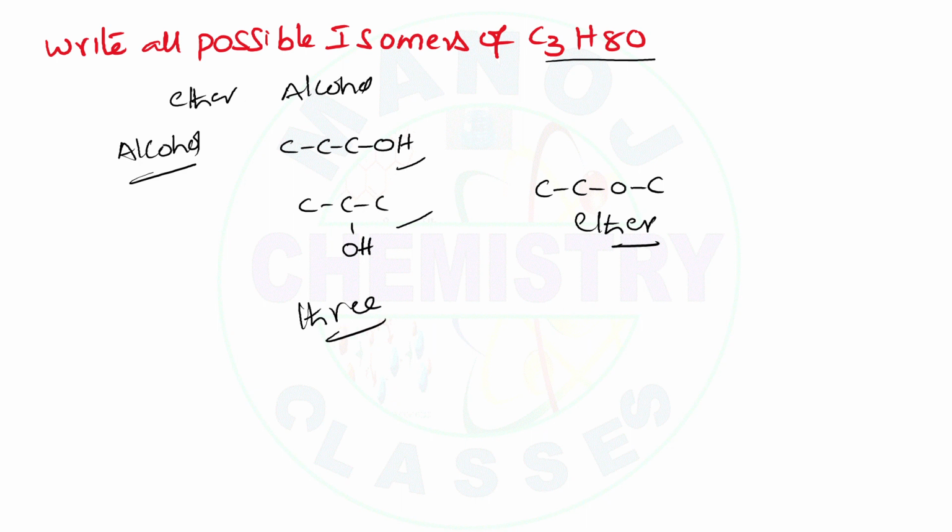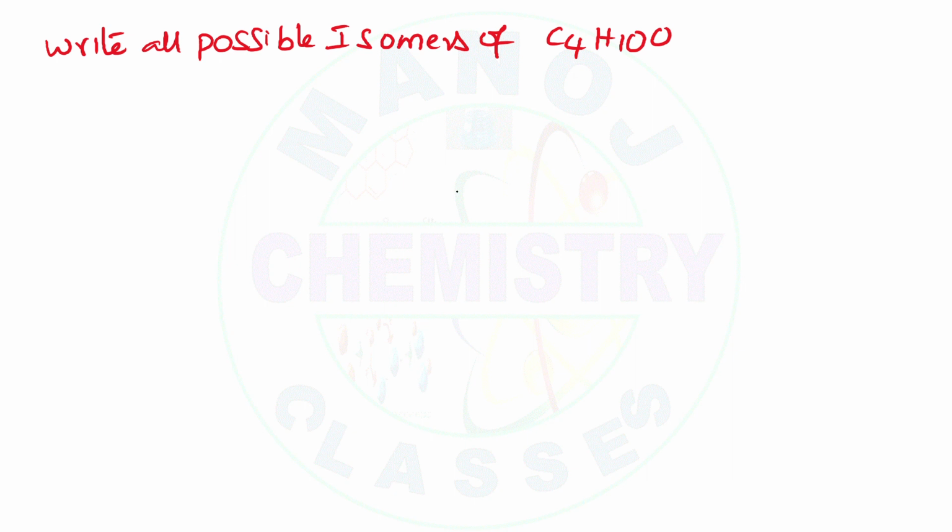Whereas coming to the next one, all the possible isomers of C4H10O. There are 7 possible isomers. Let us discuss one by one. C4H10O means 4 carbons are there, and one alcohol group is there. So the first one is butanol.